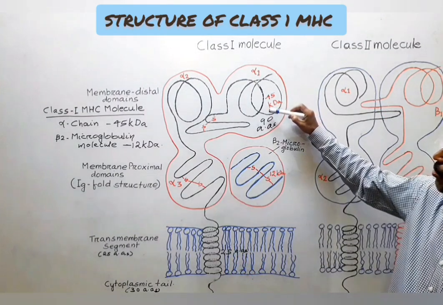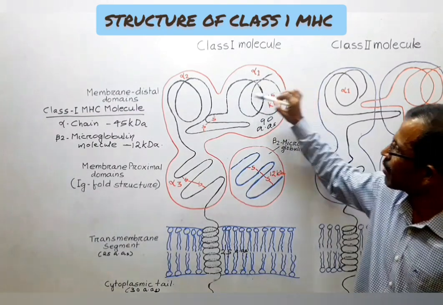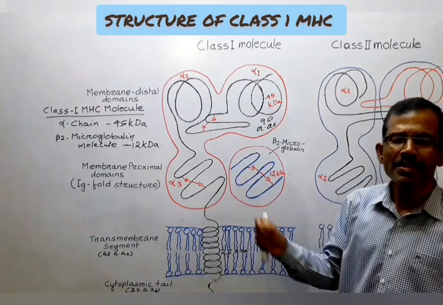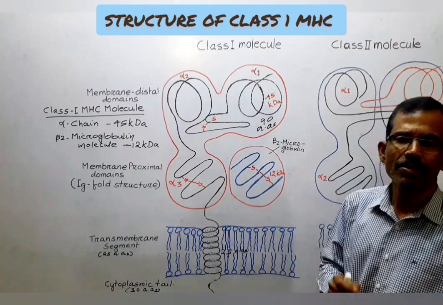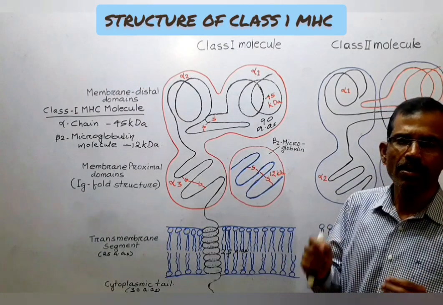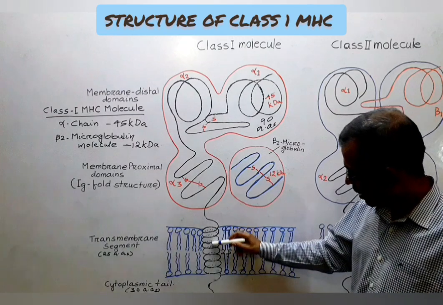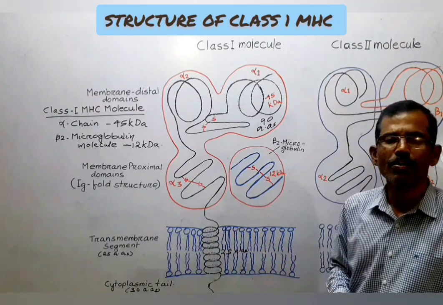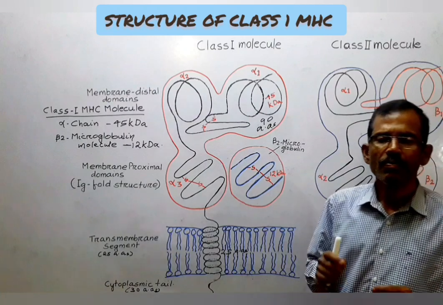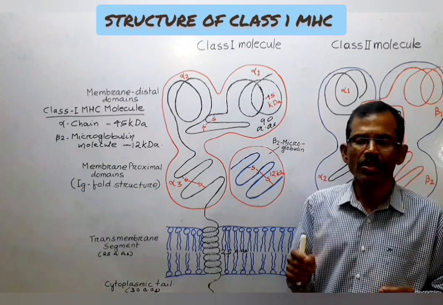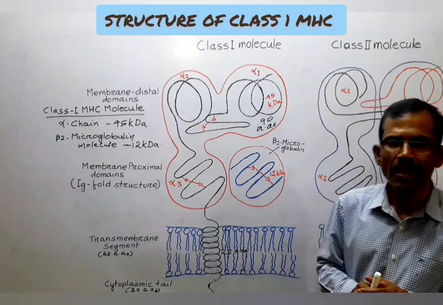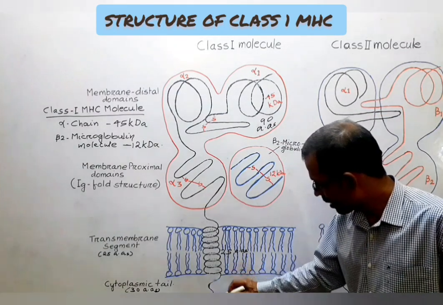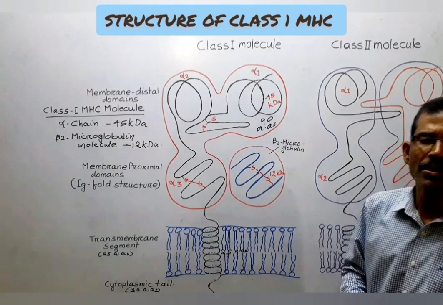The external domains are alpha 1, alpha 2 and alpha 3. Each external domain is about 90 amino acids long. The transmembrane domain is about 25 hydrophobic amino acids followed by a short stretch of charged amino acids. And the cytoplasmic anchor segment contains 30 amino acids.